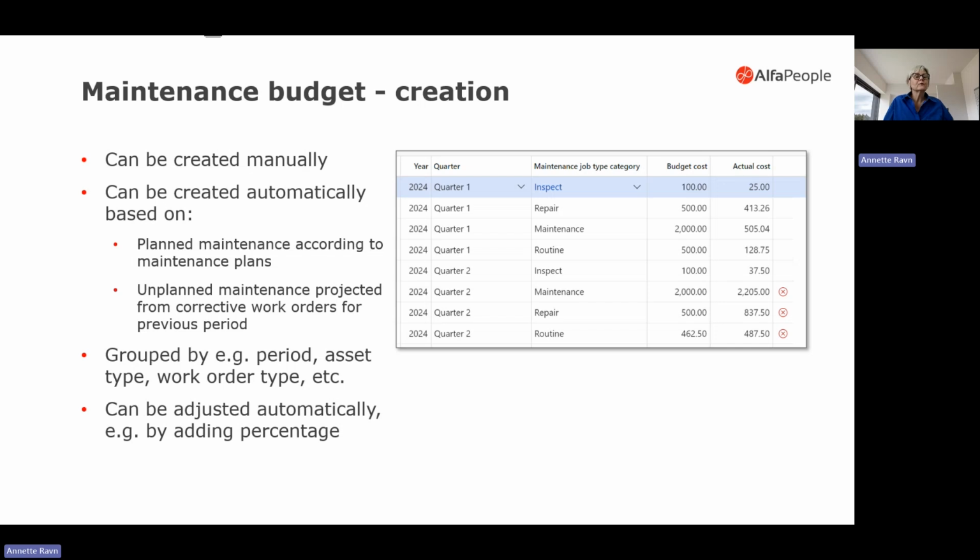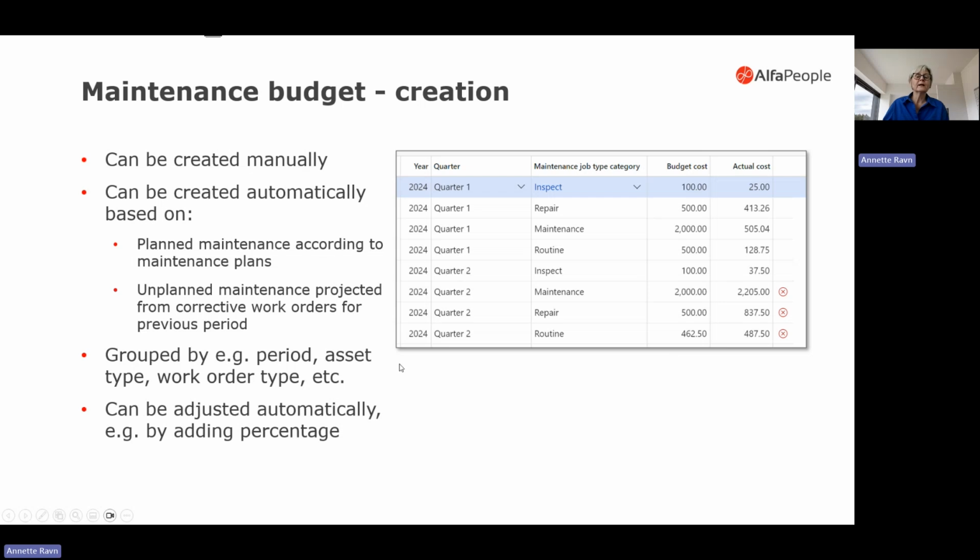So once we've created the budget, you decide how you would like to group that budget. In this example here, I've decided to group it by quarter and by job type category. So in quarter number 1, I have this much inspection, this much repair, this much maintenance, this much routine, and so on. And then the system will automatically calculate the budgeted cost.